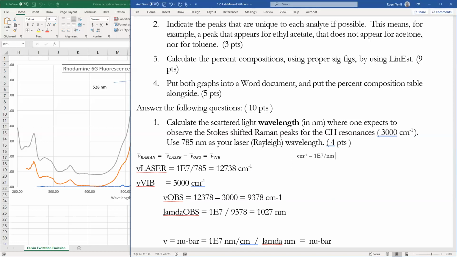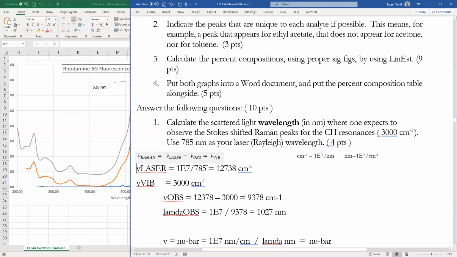And therefore, nanometers equals 1E7 over wave numbers. That make sense? Yeah, I wasn't thinking. No, it's fine.